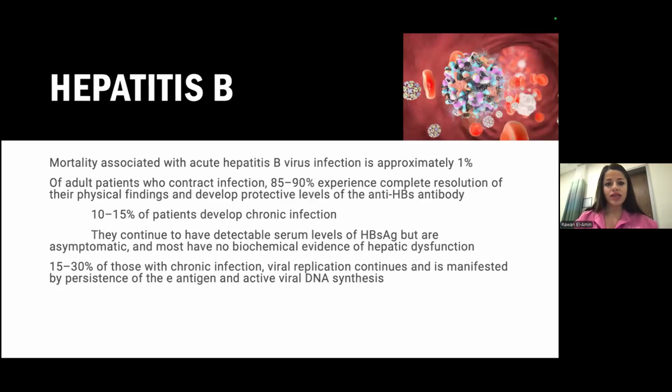I wanted to talk about the other, especially hepatitis B, just because it's something that could be very highly preventable. We screen for that in pregnancy, and hopefully we're able to treat everybody that's testing positive. Mortality associated with acute hepatitis B is approximately 1%. 10 to 15% of patients develop chronic infection, and 15 to 30% of those with chronic infection continue to have viral replication.